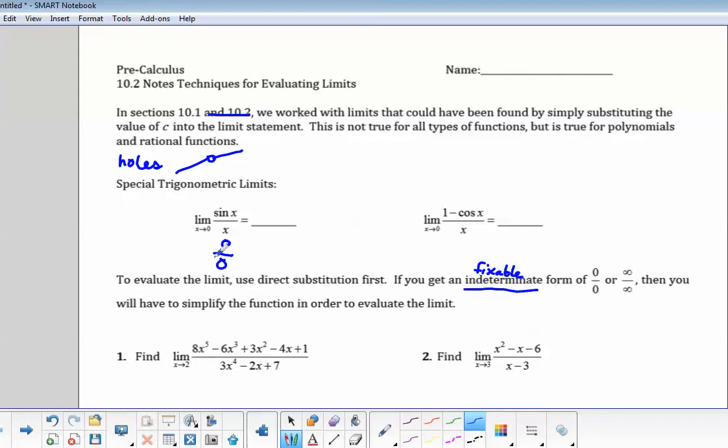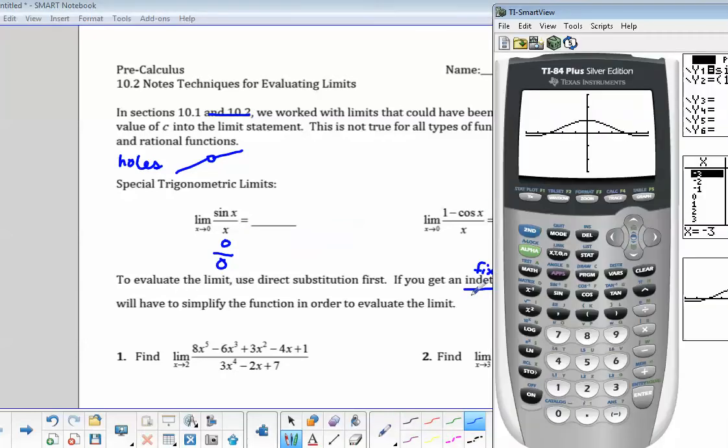Okay, so let's look at sine x over x. I graphed it on the calculator for you. You can see that if you have y equals sine x over x, it's getting closer and closer to the y value of 1.